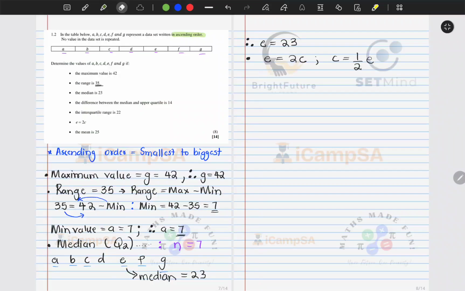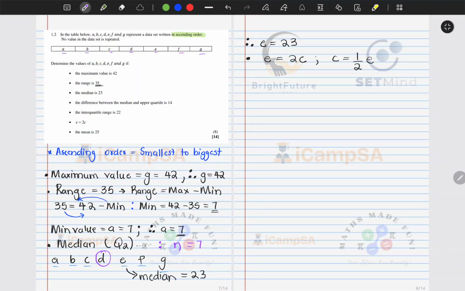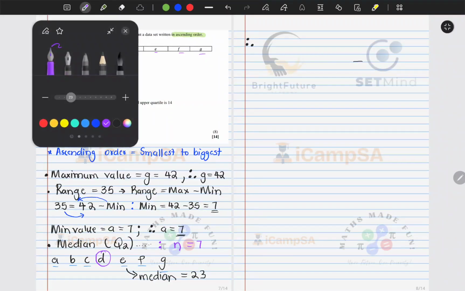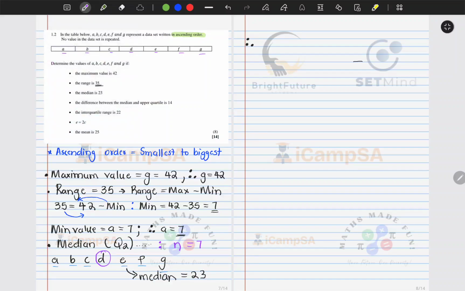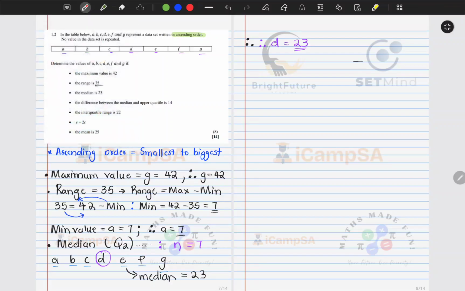The middle term, guys, should be D. So the middle term should be D there. So the median, sort that out. D is the one that will be 23. So therefore, D equals 23. Okay, not E.